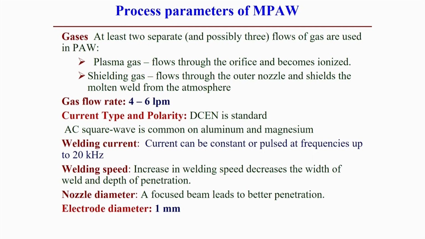For the current type and polarity, we probably use DCEN, direct current electrode negative. In that form the maximum heat is generated on the workpiece and a certain percentage of heat is generated on the electrode material.